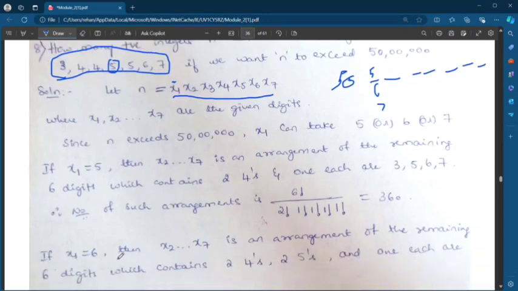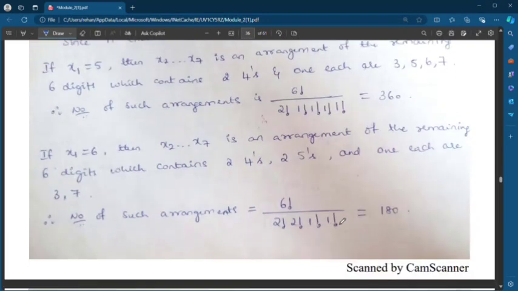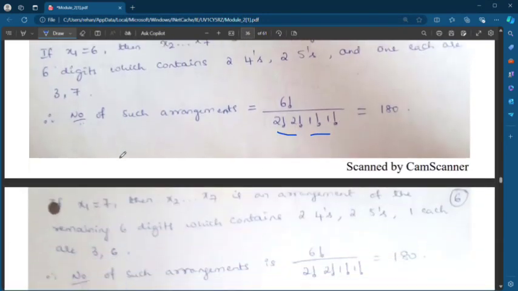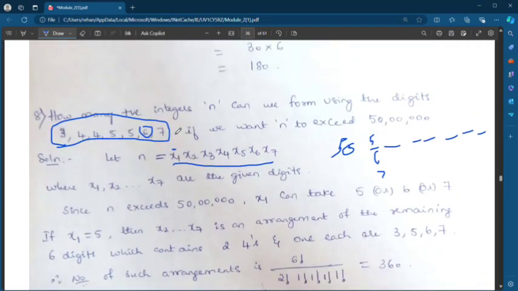Now I will consider 6. I took 5, now I will consider 6. The remaining numbers give 6 factorial divided by 1 factorial for 3, 2 factorial for 4, which has come 2 times, and again 2 factorial for 5, which has come 2 times. If I consider 7, it is the same case as considering 6.